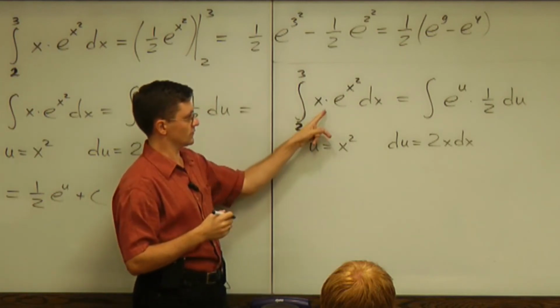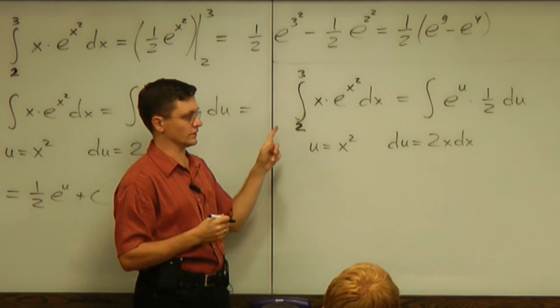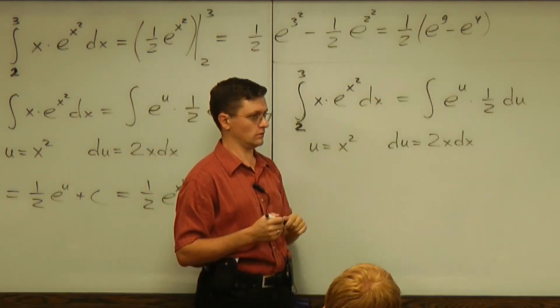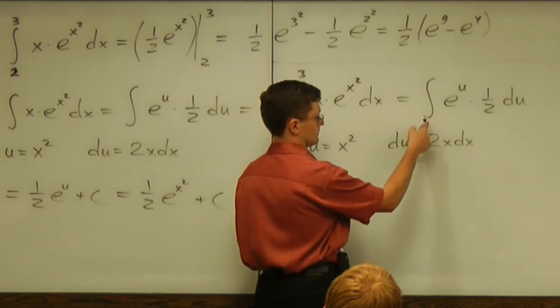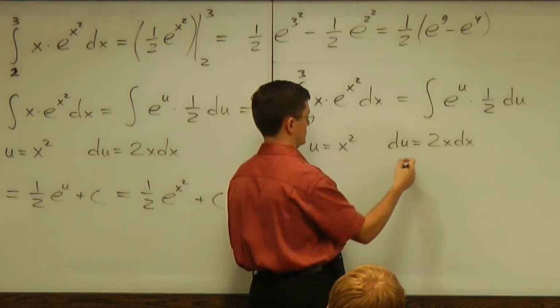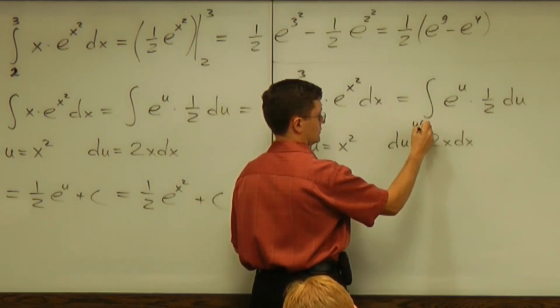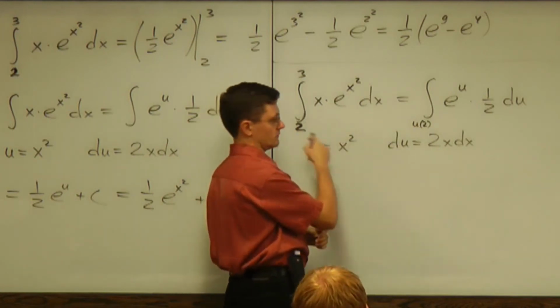Now, if the limits for the variable x are 2 and 3, what do you think the limits should be for the variable u? 4 and 9. So for the lower limit, you put u of 2, u of this limit, right?